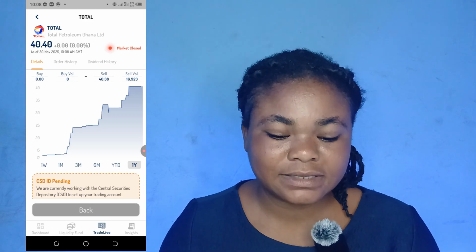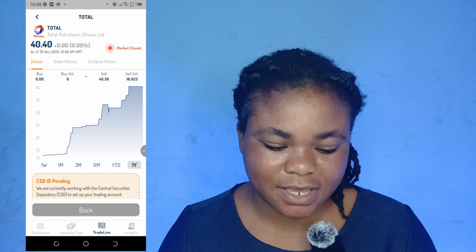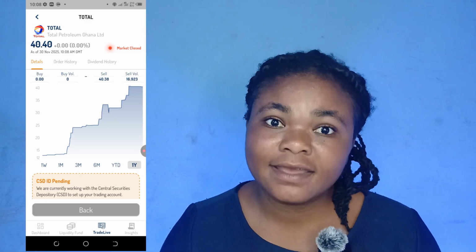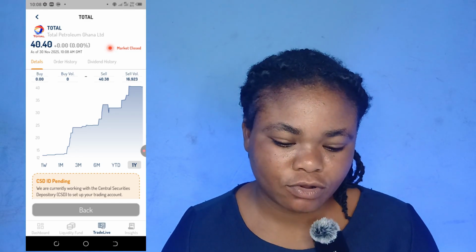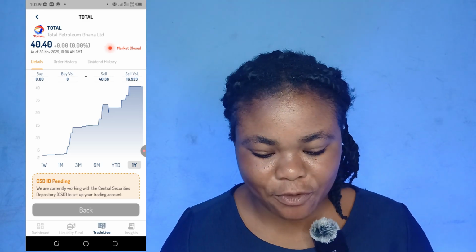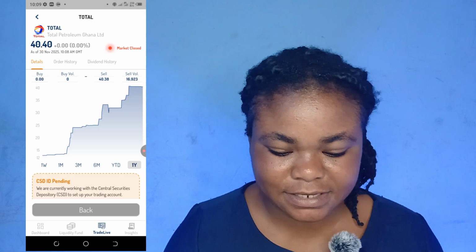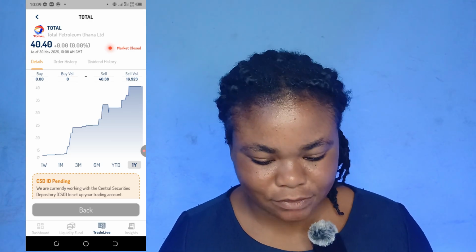Okay, so as I said earlier, when you want to buy the stock, make sure to buy it in the daytime, from 9 o'clock a.m. to 4 o'clock p.m. So the buy price is 0.00 and the sell price is 40 cedis, 38 pesewas.